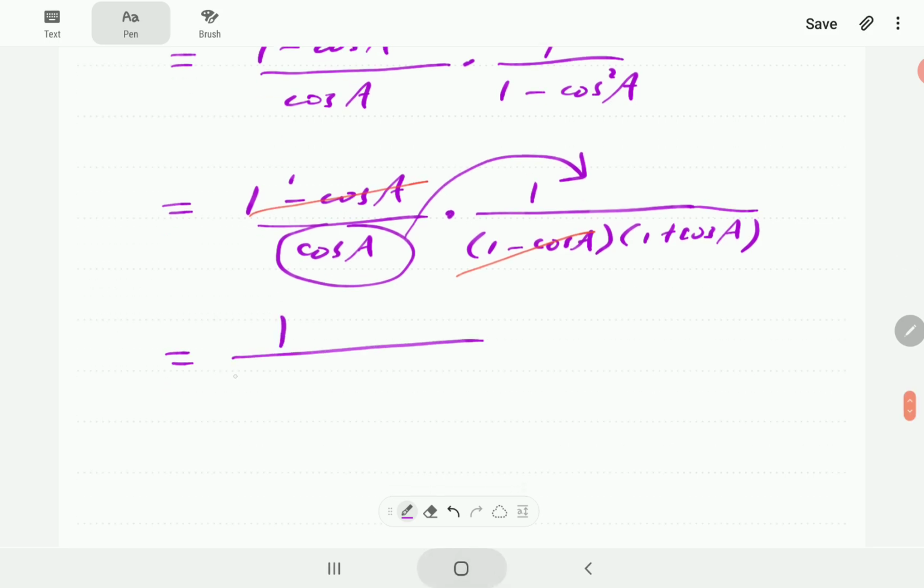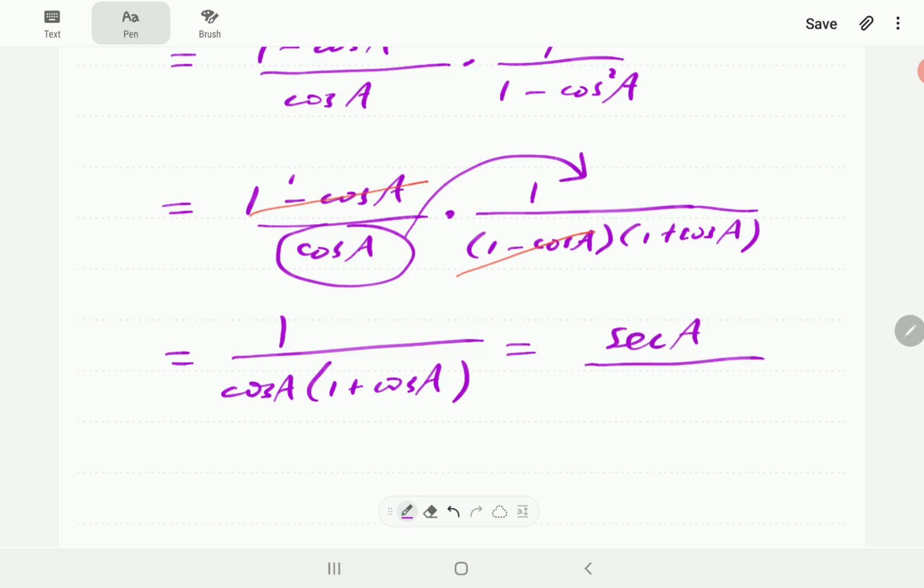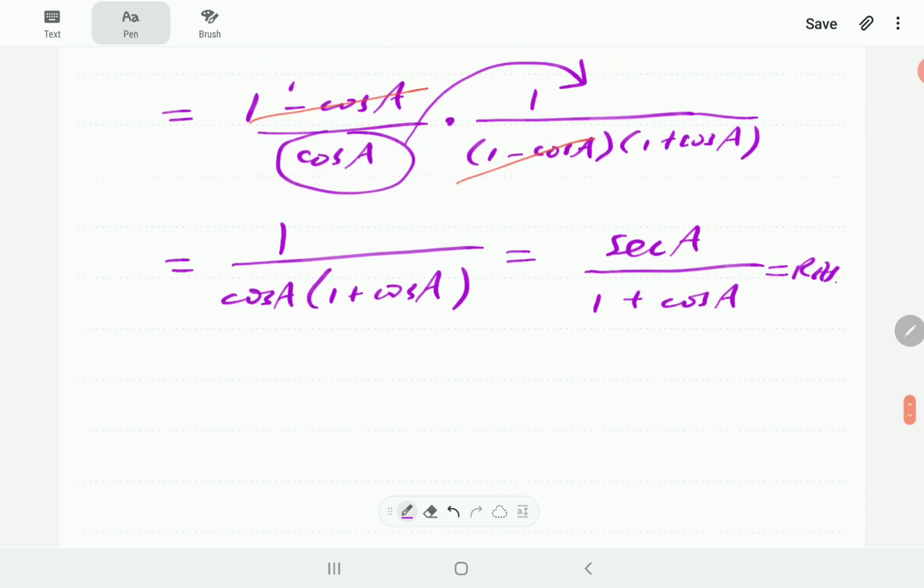So we can write this like this, and then move the cosine A into the numerator, and it becomes that. And so this is now the same as the right hand side.